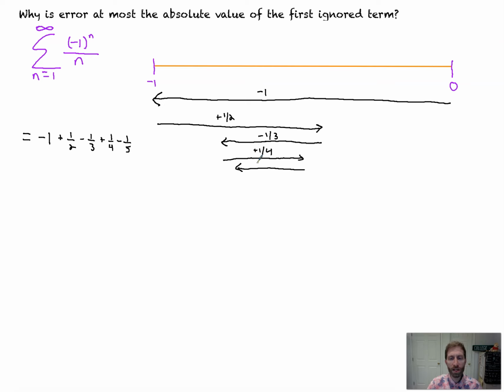Now, what you're seeing here, I hope, is that with each value that we add or subtract, we're getting almost into this pyramid shape, where the amount that we're adding or subtracting is less than the amount before. And so what you can see here is the next term, that 1/6, is going to be the error. I'll put that in orange.